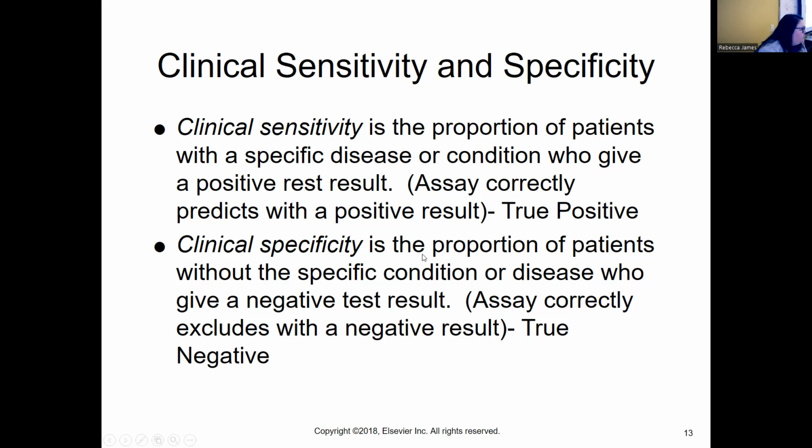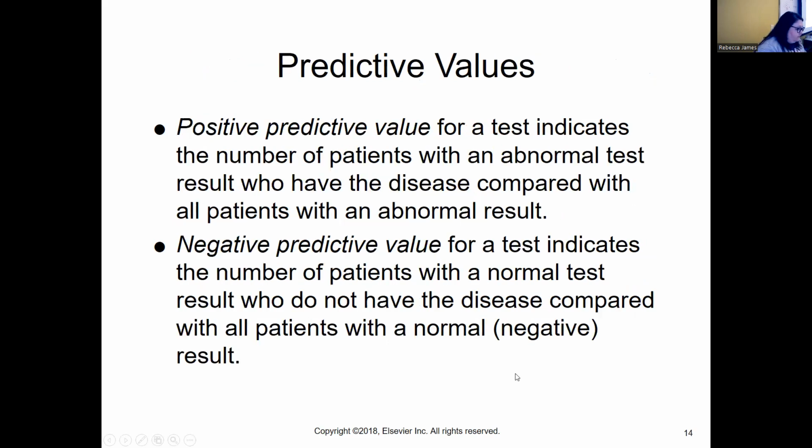I was like, okay, that makes no sense. But apparently that class, it made sense to them. When they had to explain it, they were throwing out smiley faces. And I was like, well, it worked, whatever. But anyway, sensitivity is your true positive and specificity is your true negative.